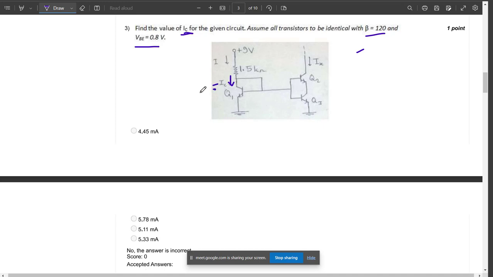Here 9 volts is given to you, VBE is given to you, and the resistor is given to you, so you can find the value of I. Okay, solve this question. I'm giving you 5 minutes and then we'll solve.